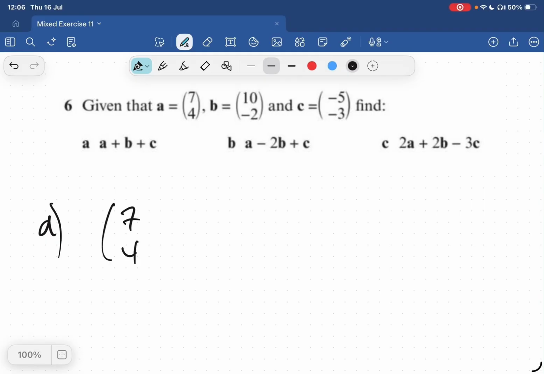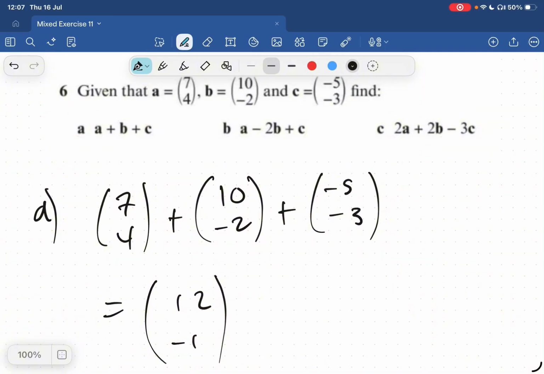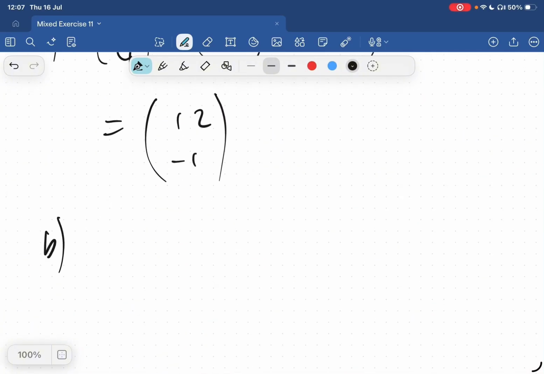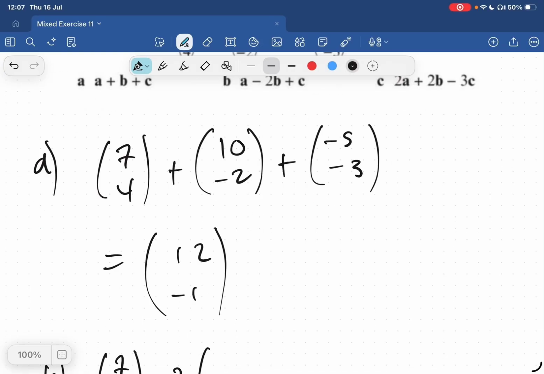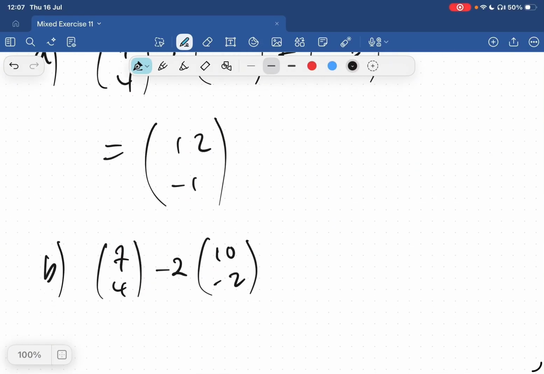Here's question 6, and we're adding column vectors. The actual maths is not difficult, but it's managing the negative numbers that can get you caught up, and you can easily make mistakes. So we've got 17 take away 5 is 12, 2 take away 3 is -1. Part B, we've got a take away 2b, so a is 7, 4, take away 2 lots of b, which is 10, -2, and then we're just adding c.